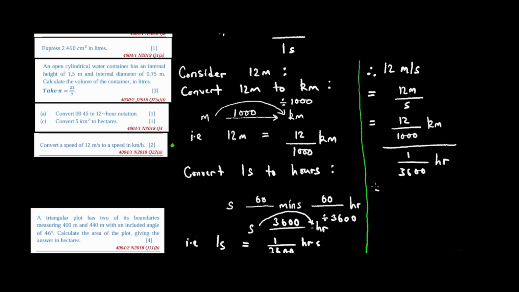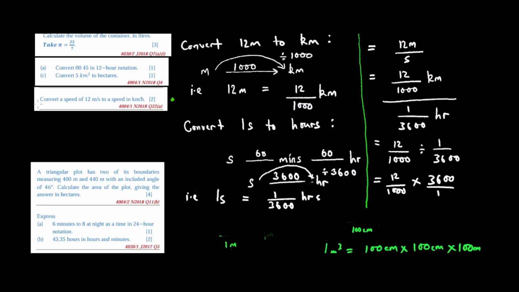Saka this is now equal to 12 over 1000 dividing 1 over 3600, but inge yatova kilometers per hour. Saka this is 12 over 1000 times 3600 over 1. Saka iyi tikaisolve ichatipa the correct answer.